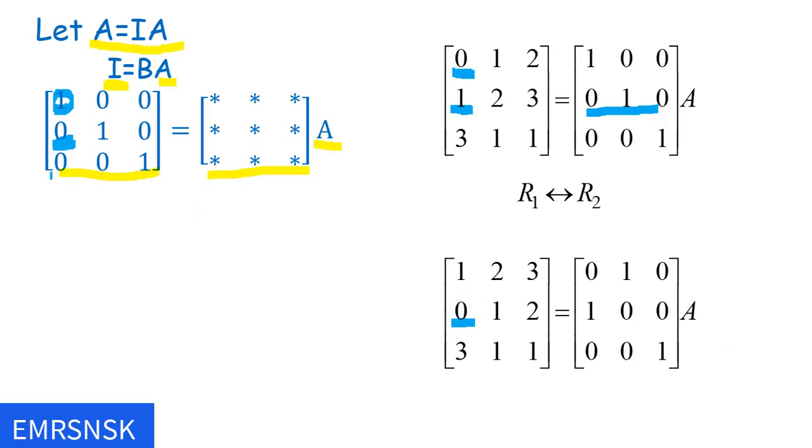Now our third objective is we have to convert this A31 element, but we have here A31 as 3, so this element should be 0. Now how to convert this element to 0?